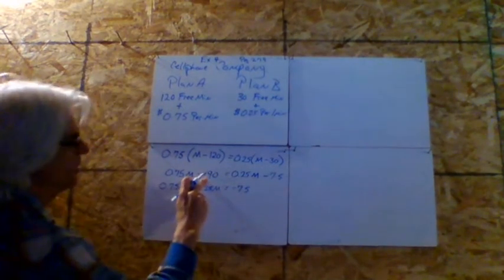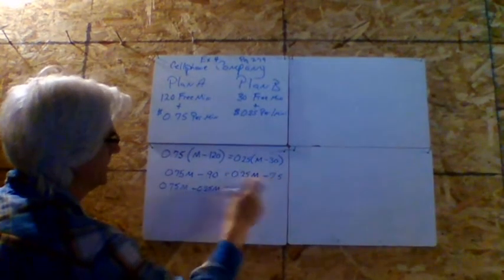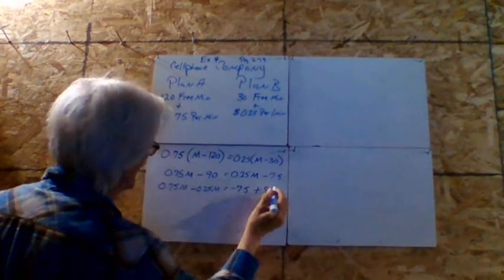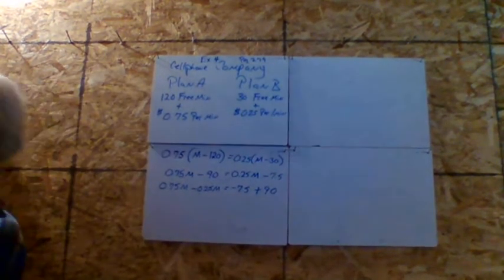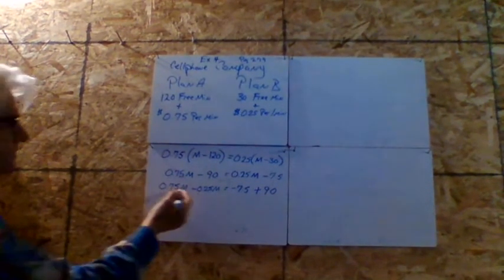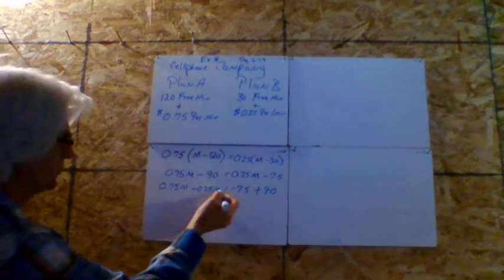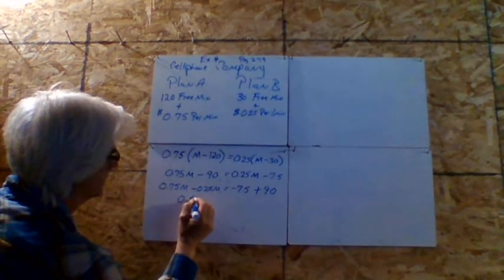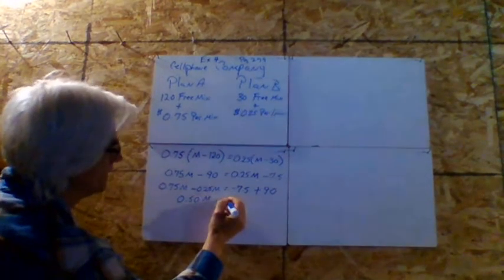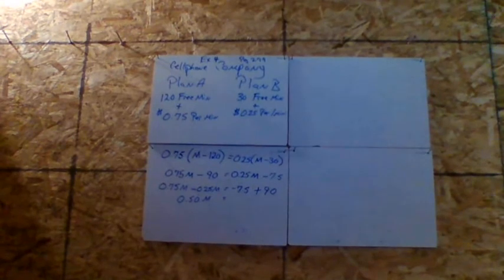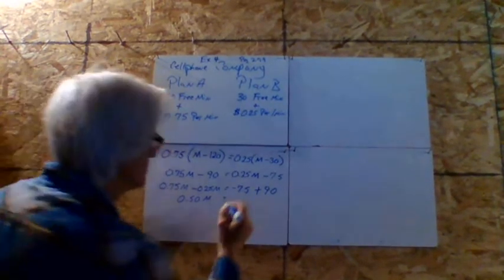When I move the 90 to the right-hand side, the minus 90 will become a plus 90. So 0.75 m minus 0.25 m gives me 0.50 m. And my minus 7.5 plus 90 will give me 82.5.